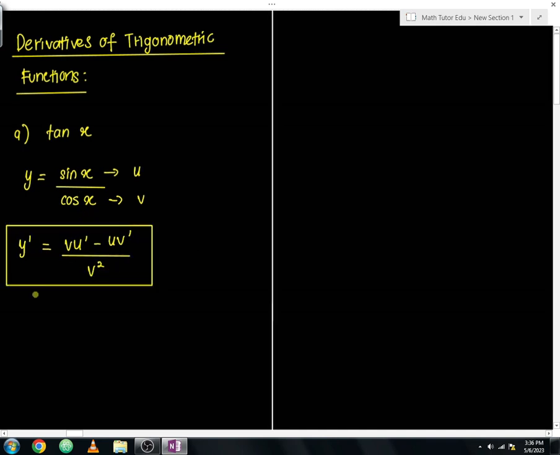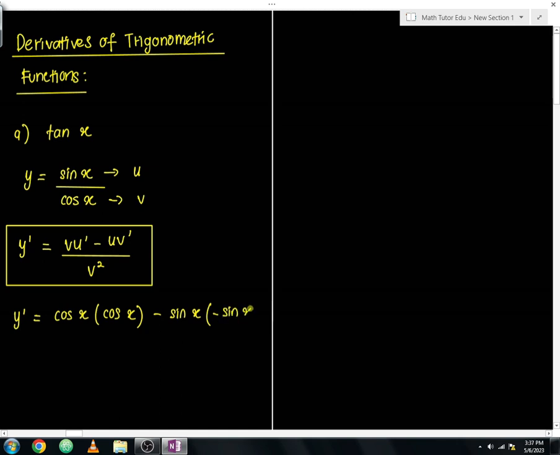Okay, let us perform the derivation. So from here y prime is equal to, v in this case is cos x, times u prime. When we differentiate sine, you should get cos, so in this case it will be cos x, minus u. In this case u is sine x, just write here sine x, times v prime. v over here is cos x, so when we differentiate cos x, you should get negative sine x.